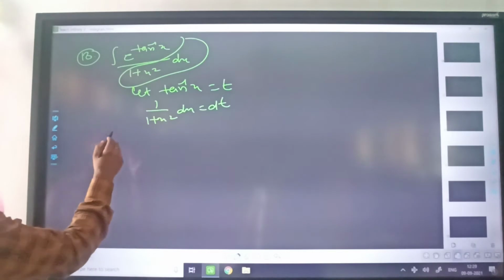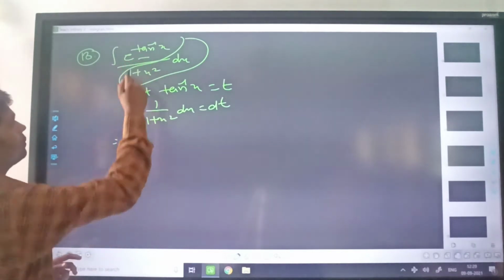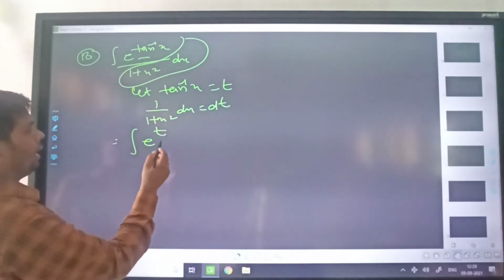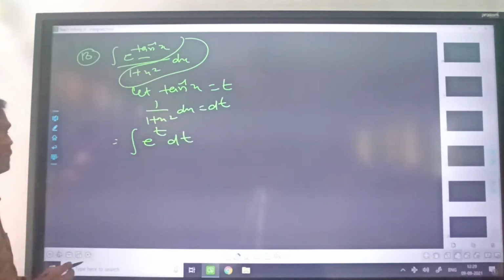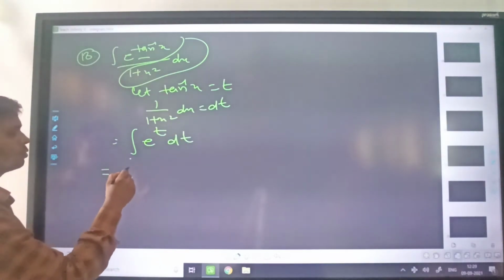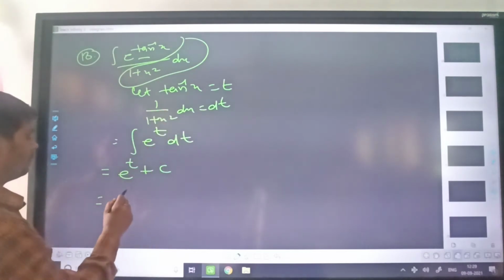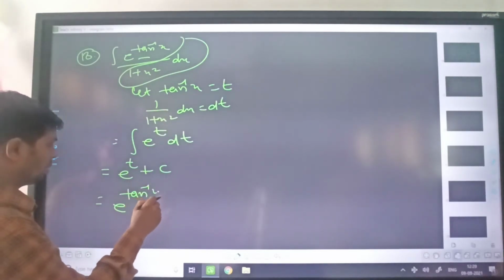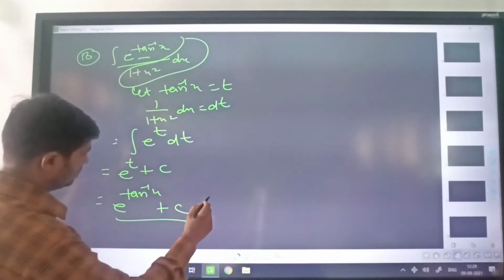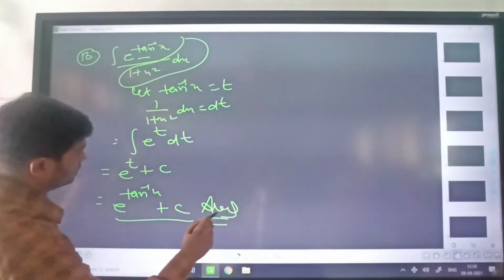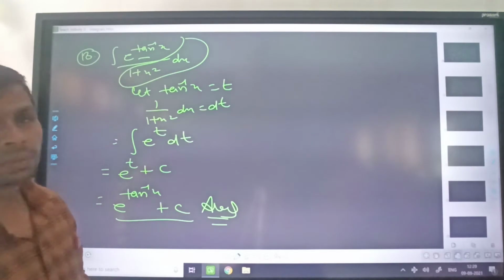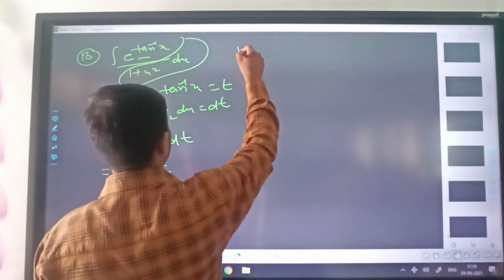Constant terms may change, constant terms are a different matter, but the derivative must be there. So this gives us e raised to the power t dt, and the integration of this is e raised to the power t plus c. Now you have considered t as tan inverse x, so the answer is e raised to the power tan inverse x plus c. Is it clear to all of you?